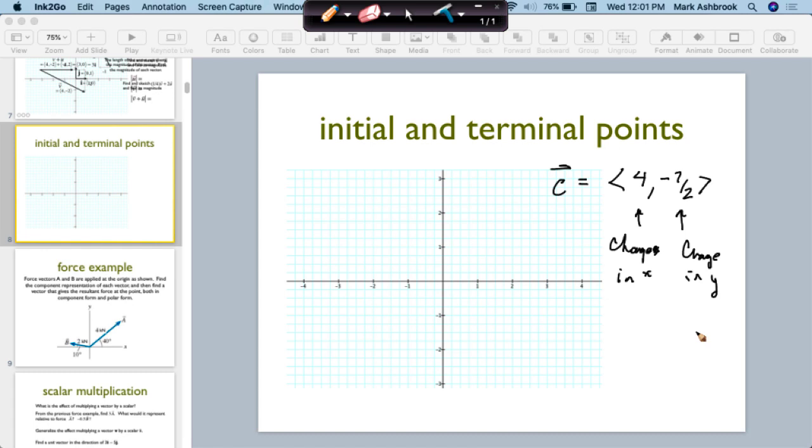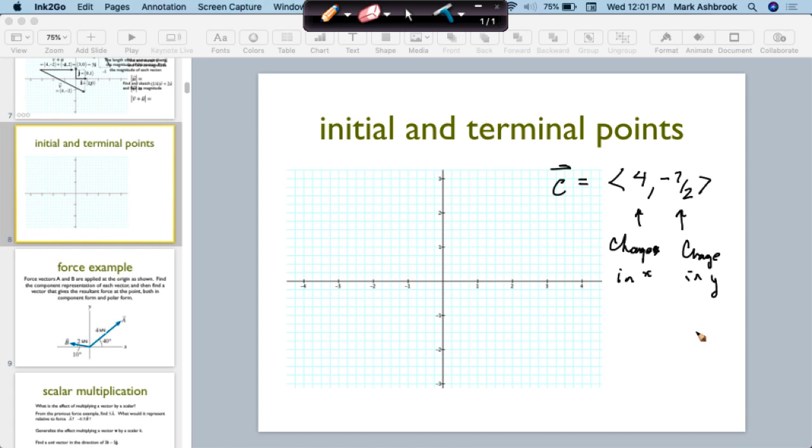That meaning, that definition, would work if C was a displacement vector, or if we're just graphing it in the plane. And where does the vector C, 4 and -7/2, graph in the plane? He said anywhere. Agree? Yeah. So vectors are mobile.